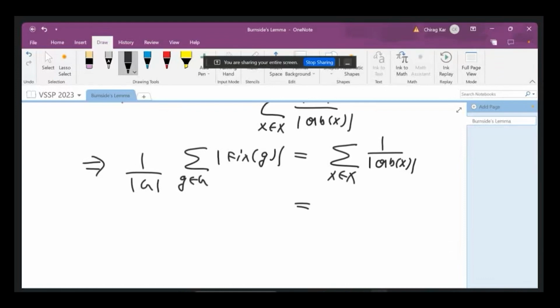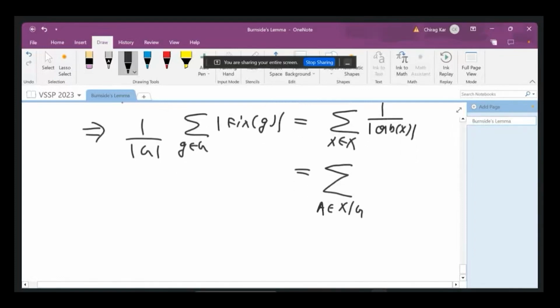So using those ideas, suppose we take A inside our set X modulo G, which we use for denoting the set of orbits, and this is just one of the orbits. A is one of the orbits, and we take all the y inside A of 1 over the orbit of y specifically.